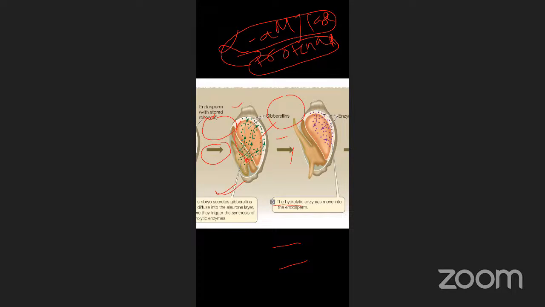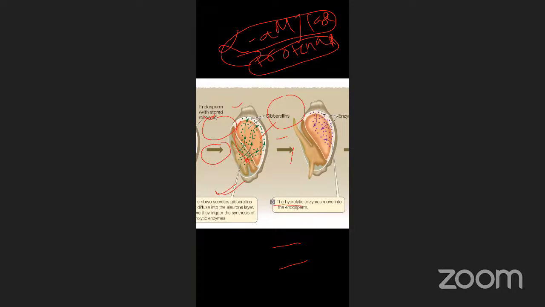Endosperm, sir. Endosperm, right. In the endosperm, the storage food material may be in the form of starch or protein or fat, stored inside the endosperm, based on the plant species.